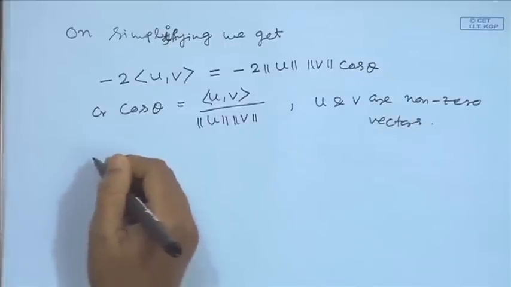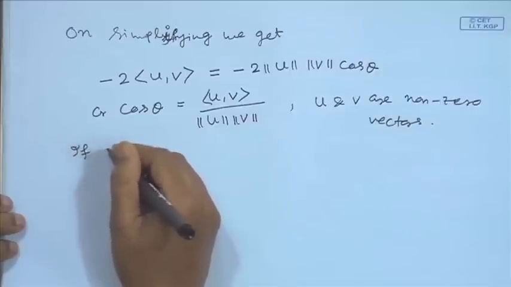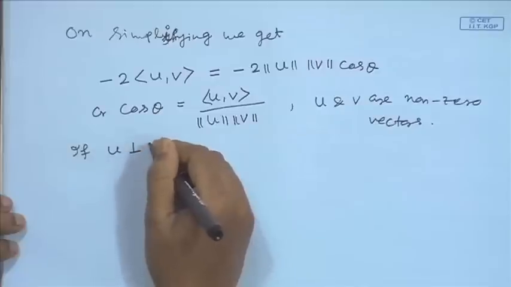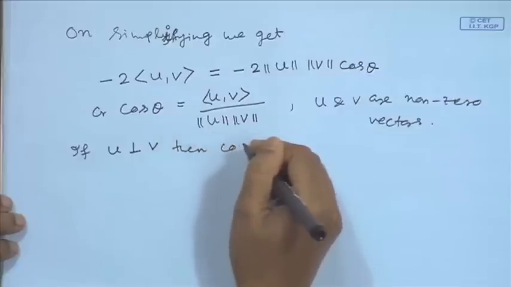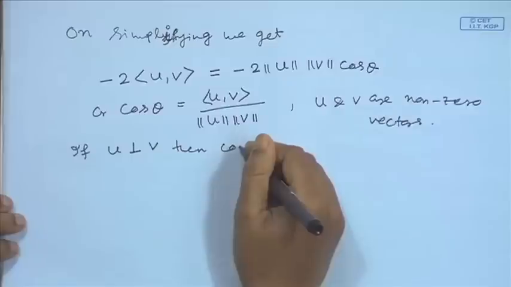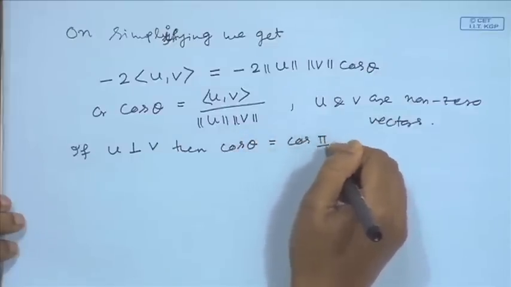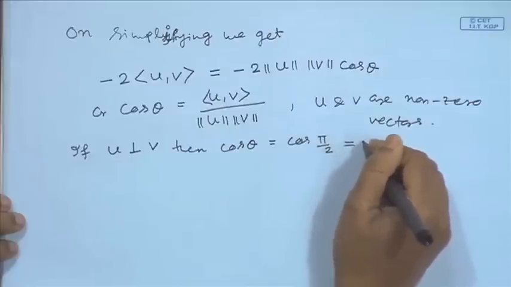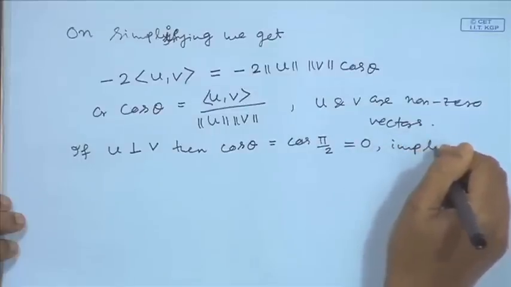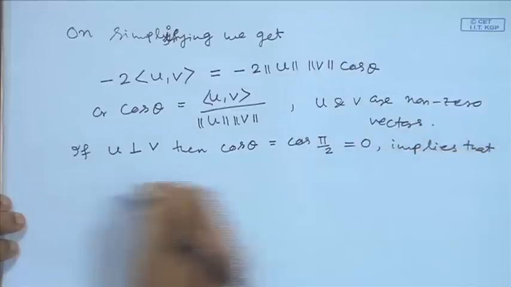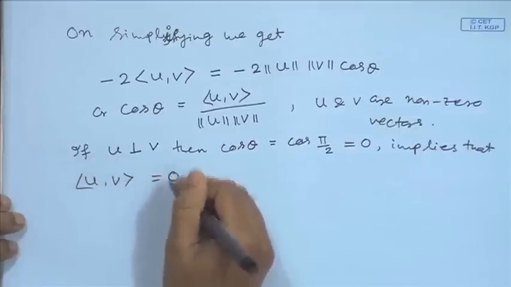So, this says that if u and v are orthogonal, that is, u is perpendicular to v, then the value of cos theta is cos pi by 2, which is equal to 0. This implies that the inner product of u and v is equal to 0.